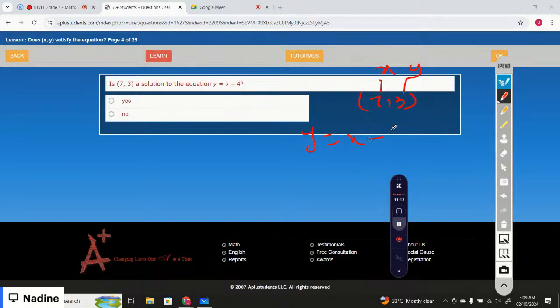The equation is y equals x minus 4, y is 3, x is 7 minus 4. So 7 minus 4 is 3. Both sides are equal. That means the point (7, 3) is the solution of the equation y equals x minus 4. Got it? The correct option is yes, that is the solution.